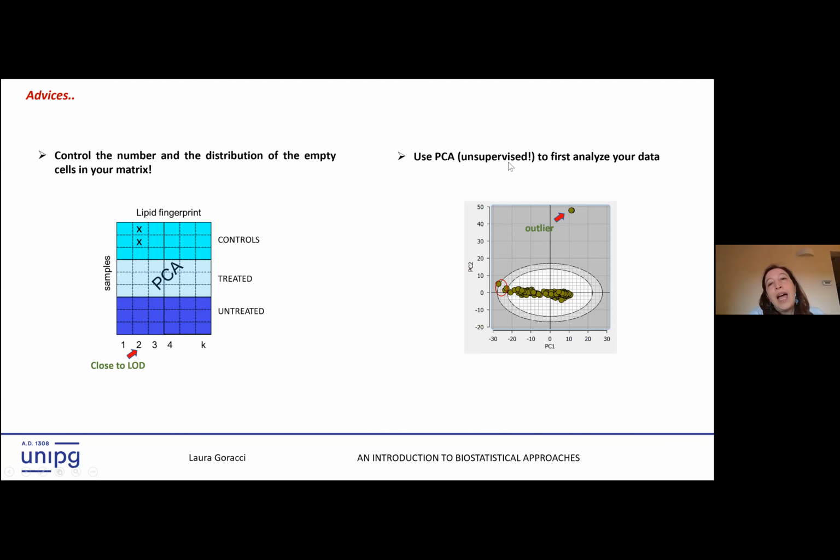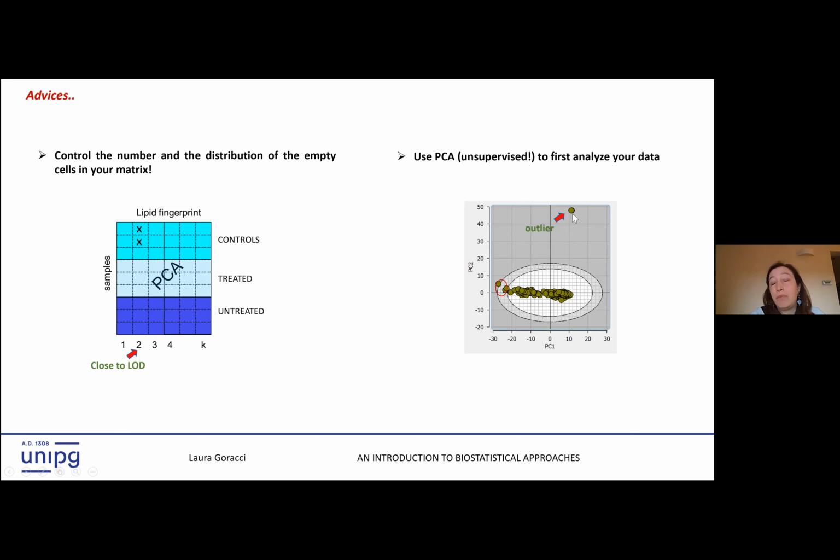Second, I suggest using PCA from the very beginning, simply to analyze your data. As soon as you have your data, you can upload it and search for outliers, because I will show you a real example in which an outlier can be hidden by supervised methods at the end.